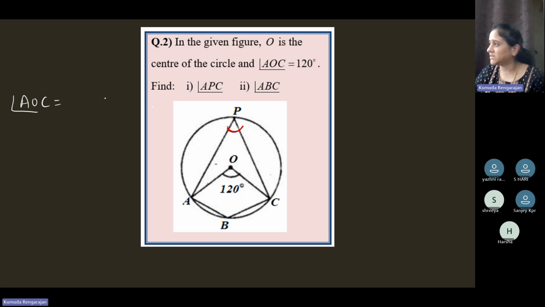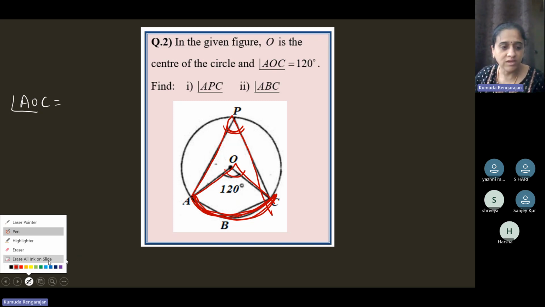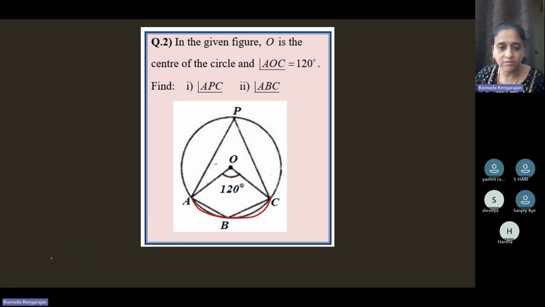AOC, APC. See here. This is the arc AC. AC makes AOC at the center. The same arc AC makes APC on the circumference. Join A to O, C to O. This is the angle made by the arc AC at the center.